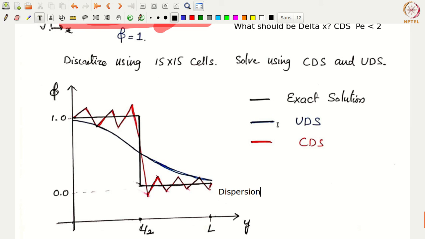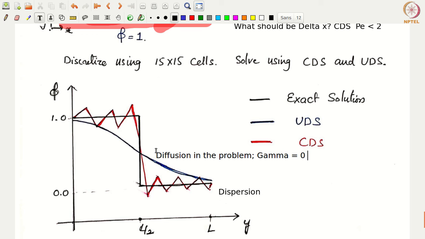And if you had solved this using Upwind difference scheme, what you see is that you essentially get a smooth curve that kind of goes like this, which shows there is some diffusion in the problem. However, we know that gamma is equal to 0, so there is no diffusion.